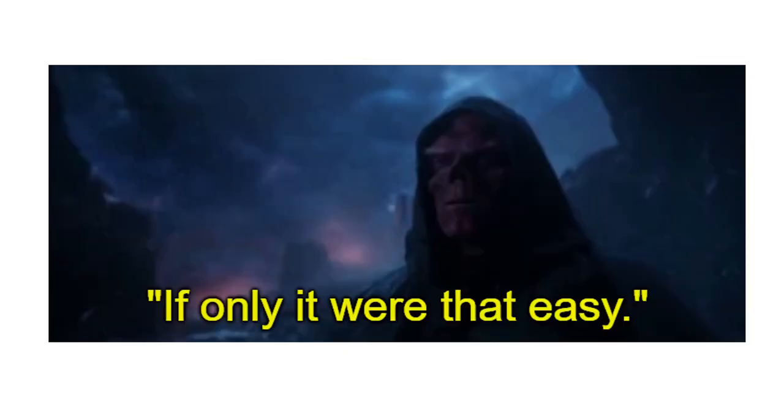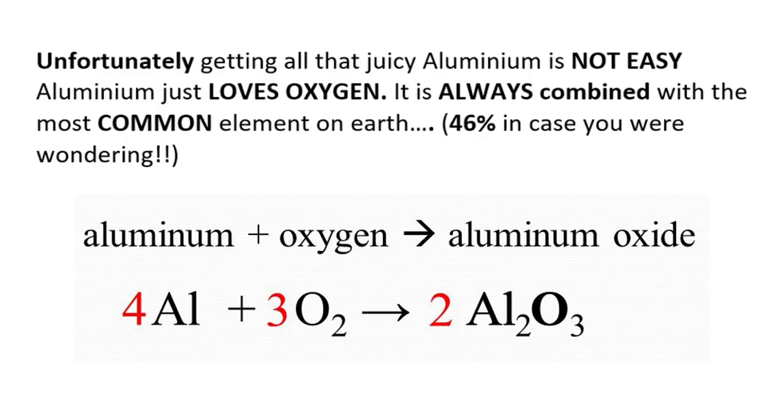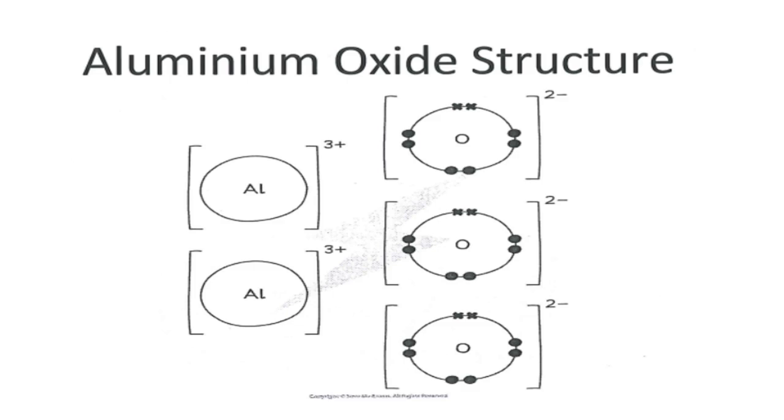Now, if only it were that easy to get our hands on it. Unfortunately, aluminium is very reactive and loves combining with oxygen to form aluminium oxide. And the whole point is we need to reduce the aluminium oxide, get rid of the oxygen, okay? Why is this difficult? Because it's very strong ionic bonding.